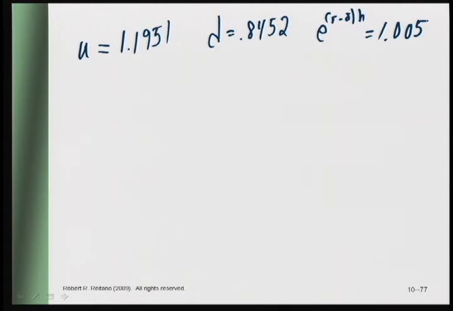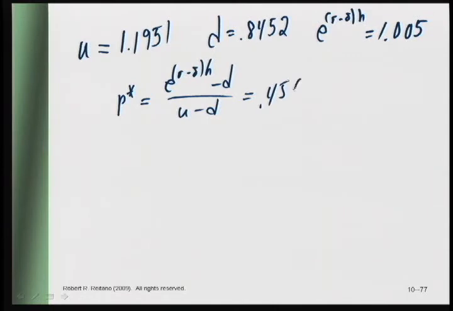So we can now calculate the P star, and that would be e to the (r minus delta) h minus d over u minus d, and that calculates to be 0.4568. We have a risk-free discount factor at 5% of around 0.9835.